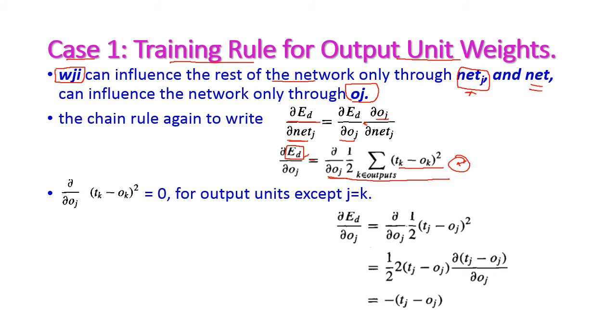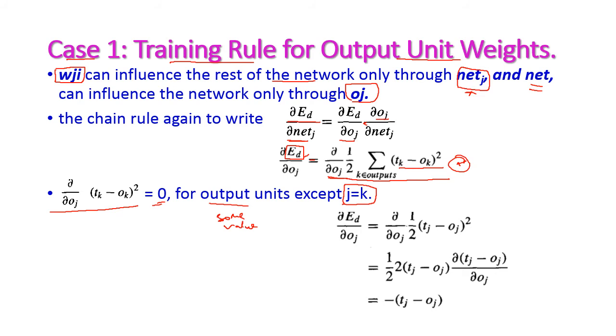And here the differentiation of (Tk minus Ok) whole square with respect to oj is equal to 0 if j is not equal to k. If j is equal to k, then it will get some value.